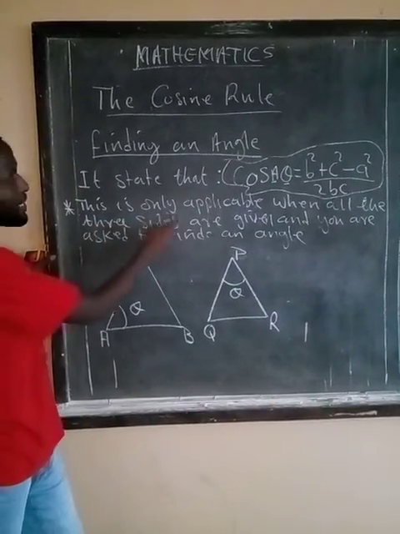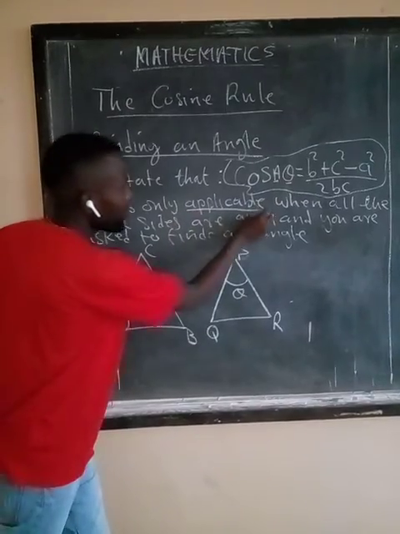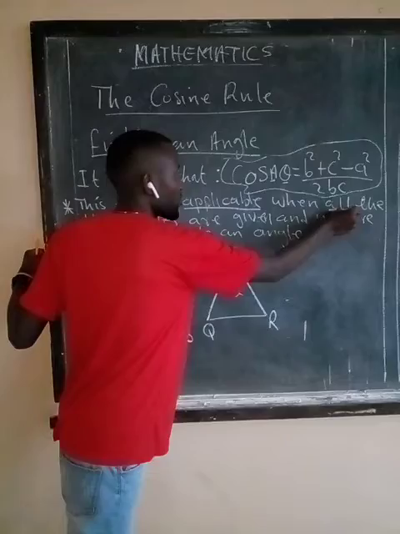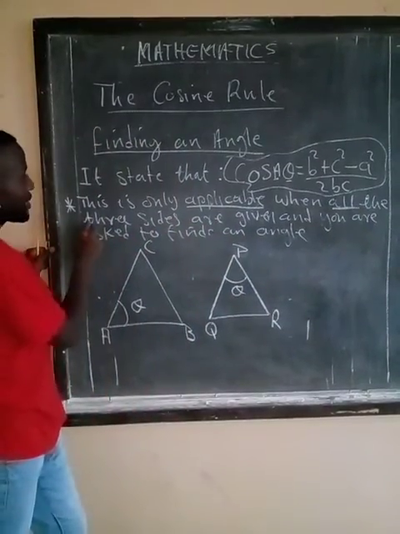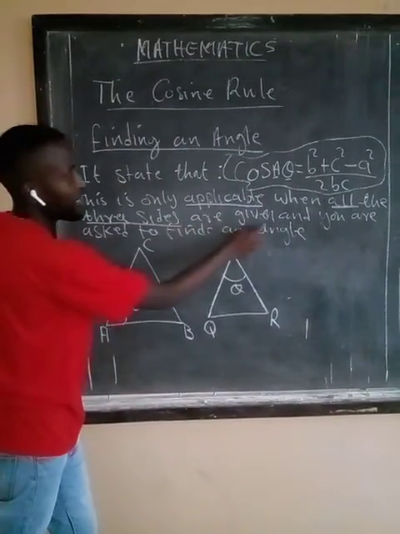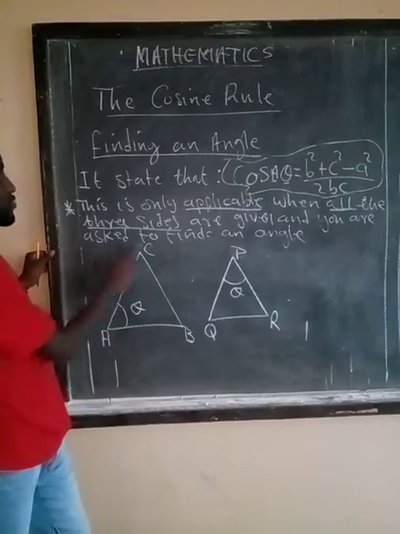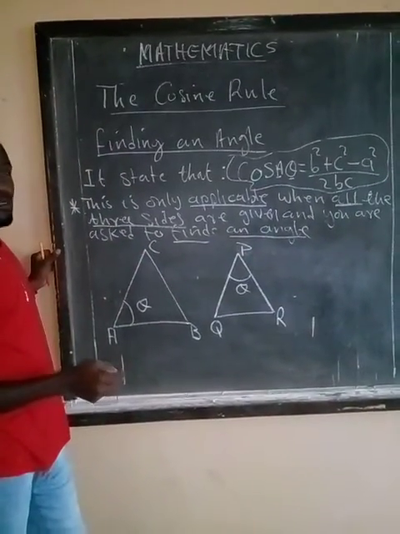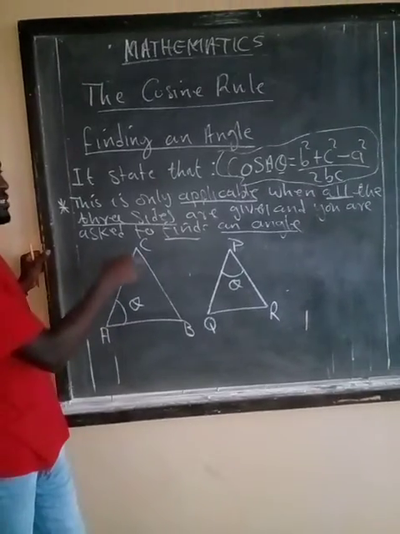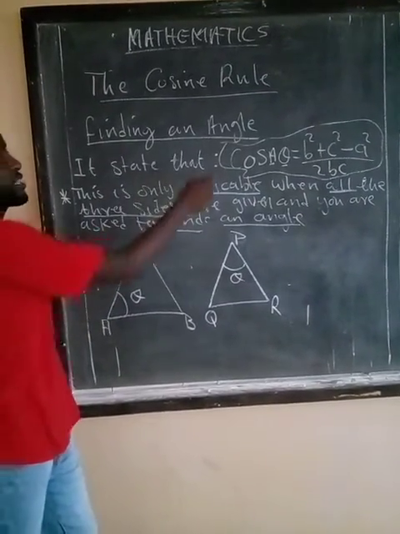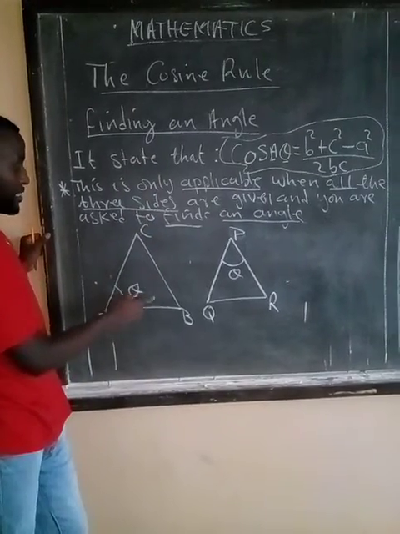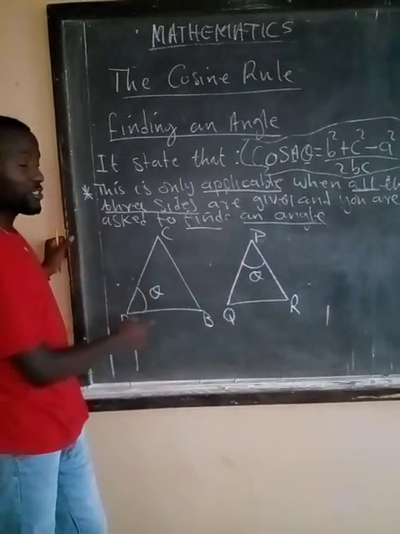This is only applicable, means only used, when all three sides are given and you are asked to find an angle. Remember, in our previous video I explained how you can use the cosine to find the angle when all the three sides are given.